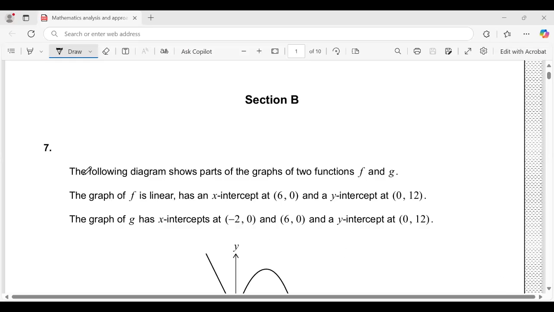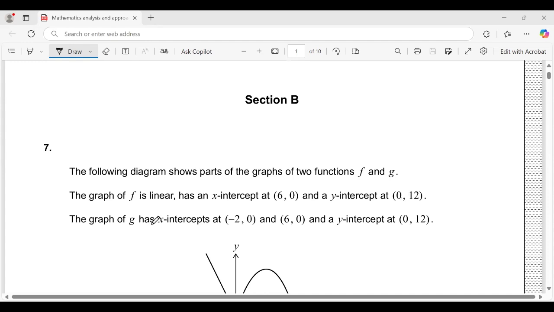Number 7. The following diagram shows part of the graphs of two functions f and g. The graph of f is linear, has an x-intercept at (6, 0) and a y-intercept at (0, 12).